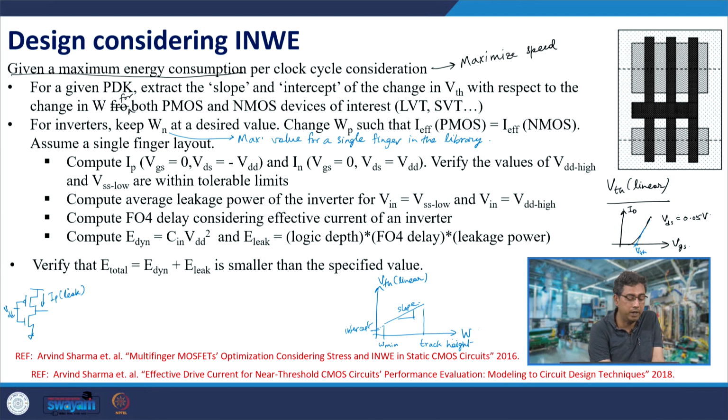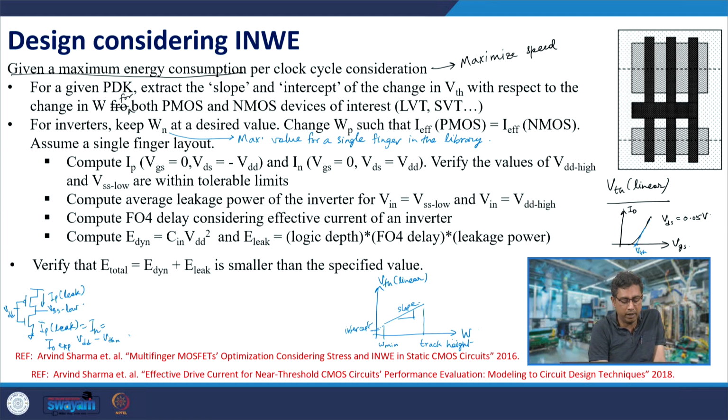Suppose input is VDD, then IP leakage is flowing through this, and that would also flow through the N MOSFET. So, what is the VDS value of the N MOSFET? You will say that IP leakage is equal to IN, which is I naught exponential of (VGS minus VTHN) by NVT, into 1 minus exponential of minus VSS low divided by VT, which is the thermal voltage. The voltage at the output node, we are calling it VSS low, and it is quite small.